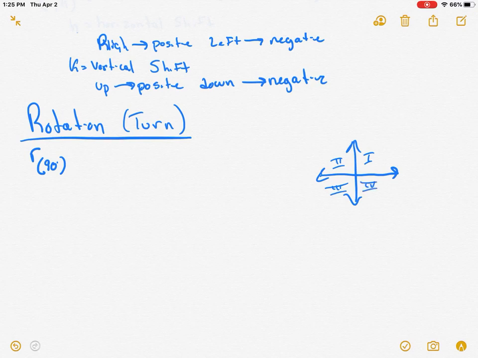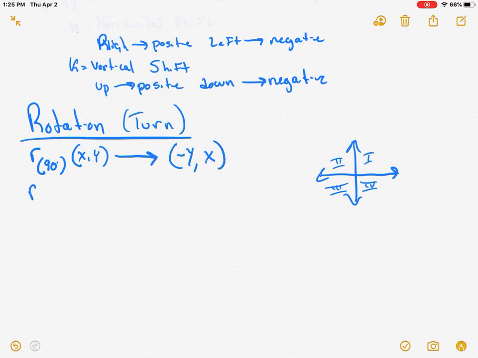They're named counterclockwise. So when we rotate, unless otherwise stated, we always go counterclockwise. So if we rotate 90 degrees, we have our original x and our original y. The rotation happens. Our new x is our old y, but the opposite of it. And our new y is our original x.